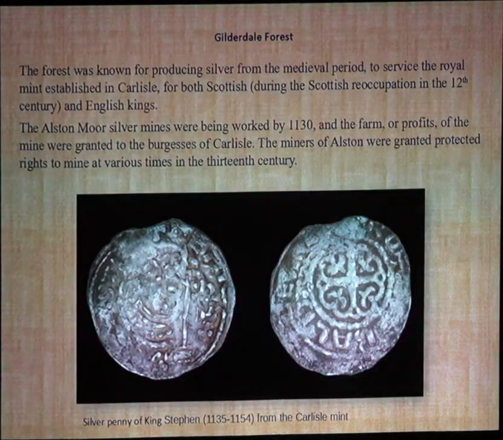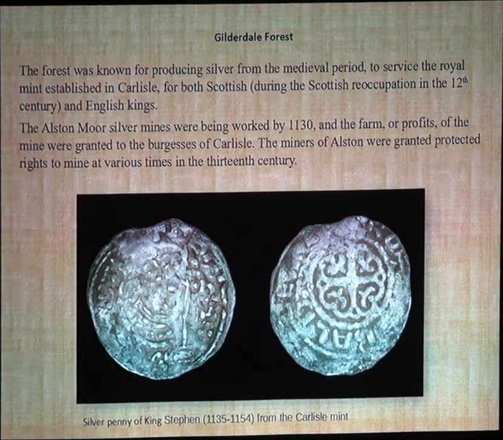And the reason for it was the burgesses of Carlisle were granted the farm, which is the profits from the rents from the forest, from the mines, and they were used to produce silver to go to the mint for coinage in Carlisle.